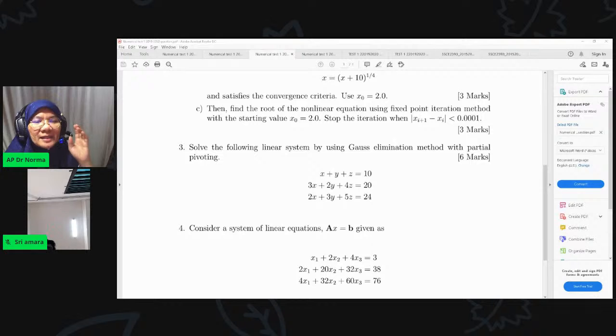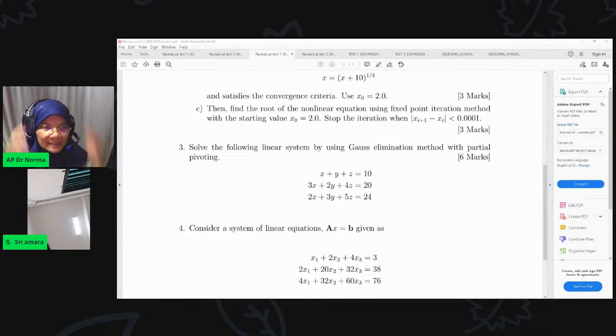Then you need to make sure that Aii is always greater than Aij. There is no iteration involved, but you have to know the elimination uses backward substitution. Set it in your mind.